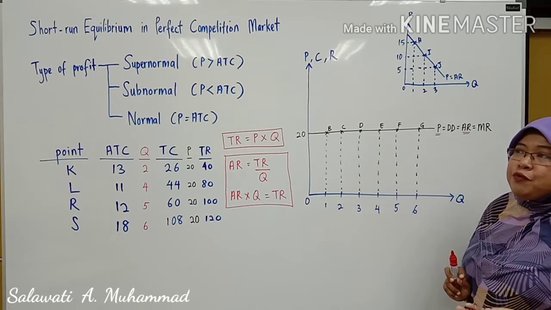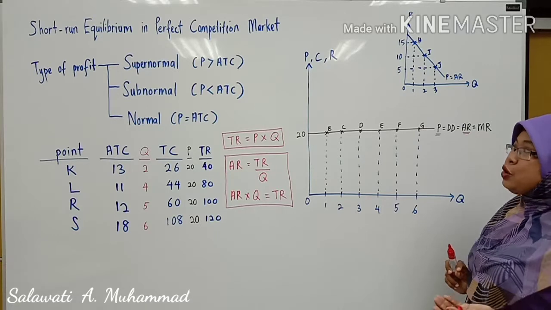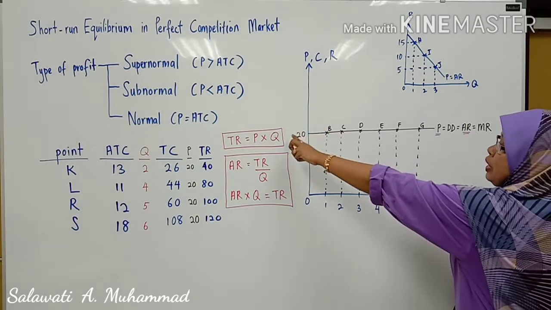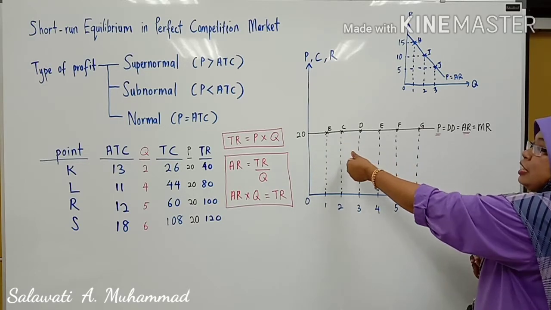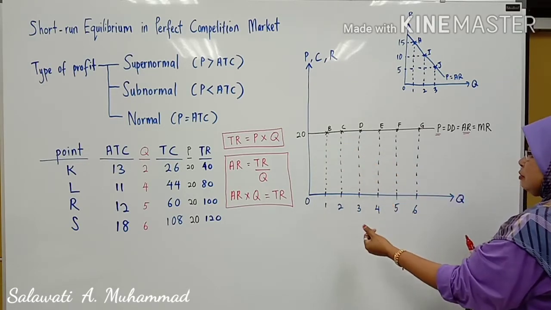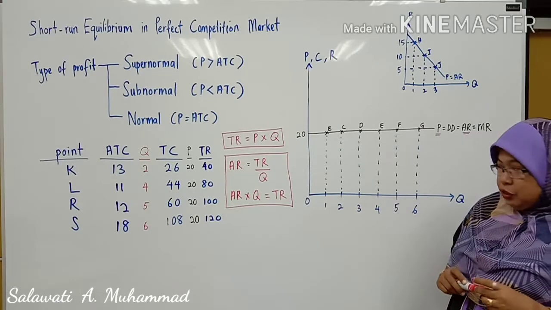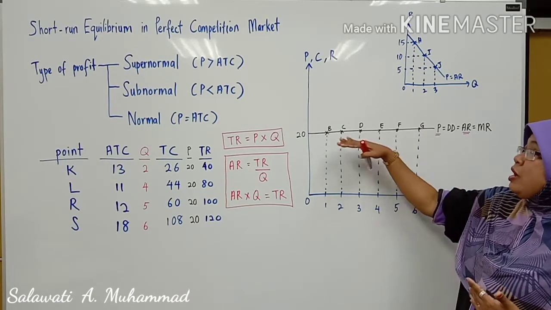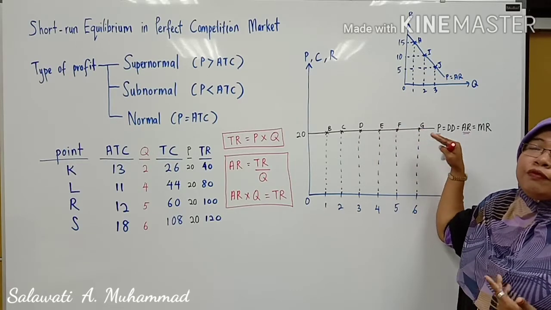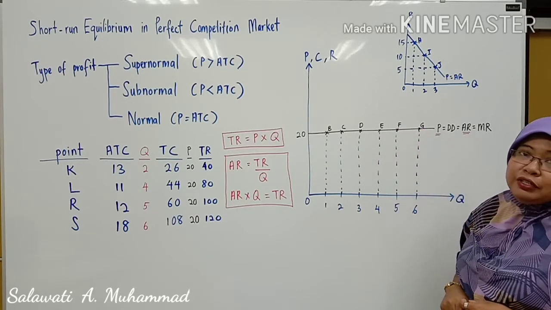It cannot influence the price in the market. So when the price is 20, meaning the price is fixed for each quantity, you get a straight horizontal line for price and also average revenue.